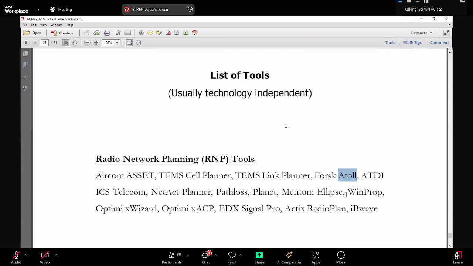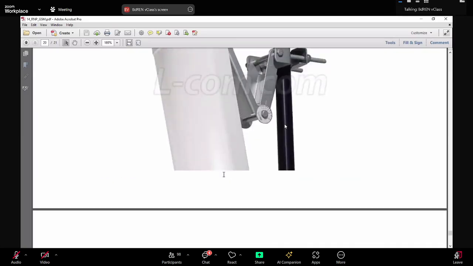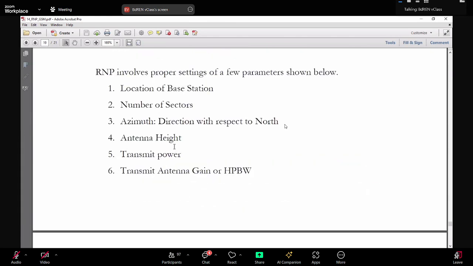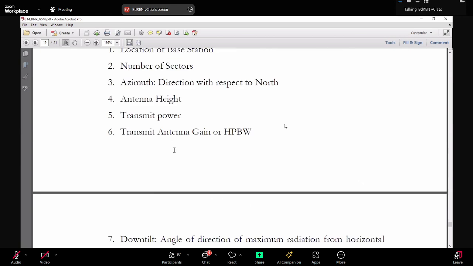It will be demonstrated in the lab class, and there you will be setting up different base stations, and then set these things also. You'll be able to set these things for your base stations. You can locate the base stations anywhere you like within that tool and set these things.